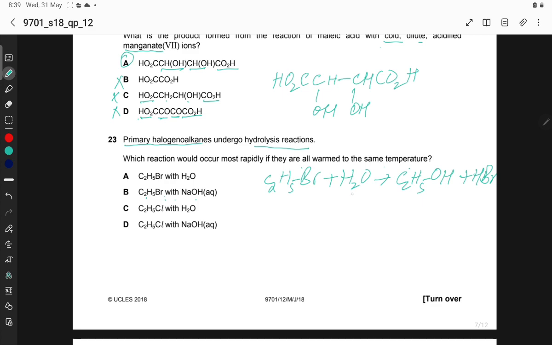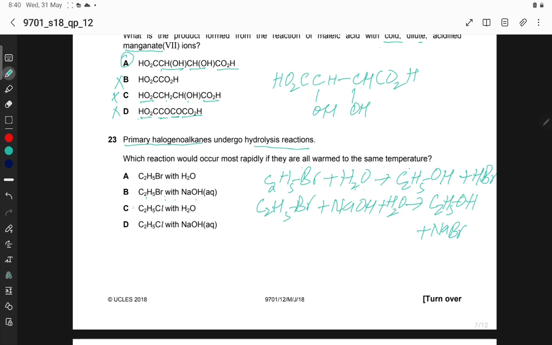Because water is a weak nucleophile, it will not react with the water at the same temperature. C2H5Br plus sodium hydroxide plus water forms C2H5OH, ethanol, plus sodium bromide.